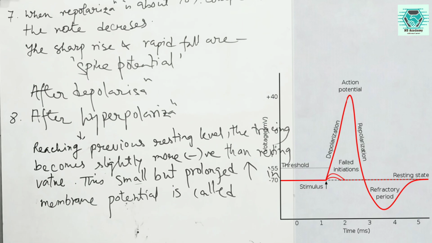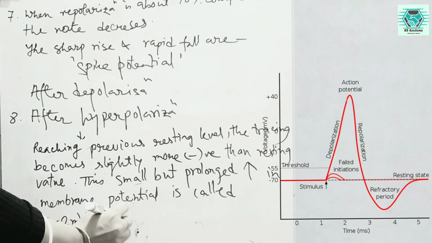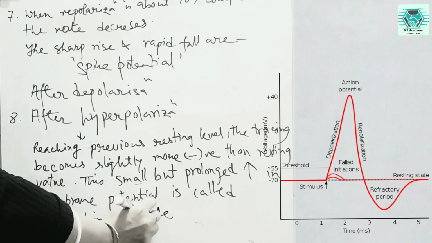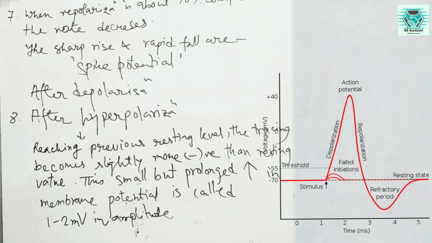So after depolarization lasts for approximately 4 milliseconds only, while after hyperpolarization is approximately 1 to 2 millivolt in amplitude, and lasts for approximately 35 to 40 milliseconds.